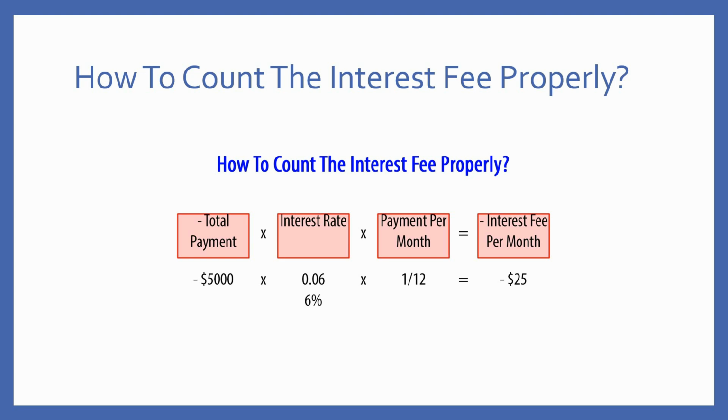12 times 25, so you're paying that much per year instead, so it equals $275, which should be 6% within $5,000.